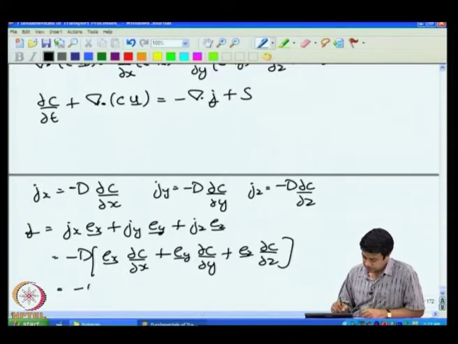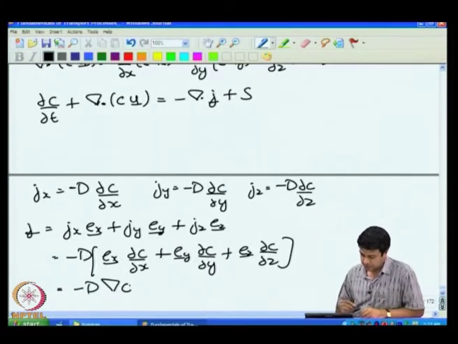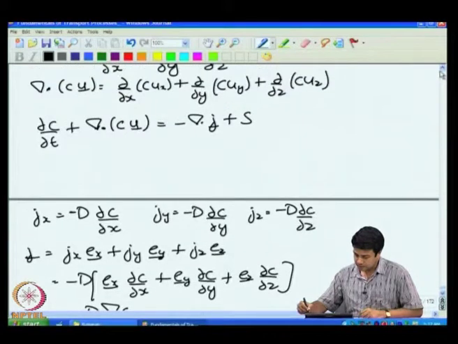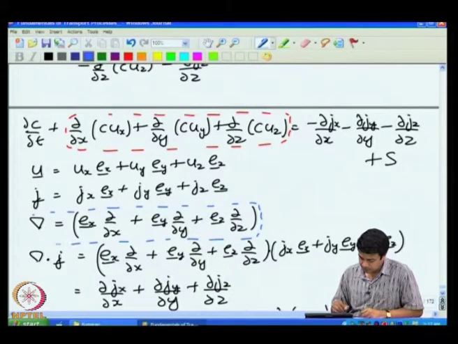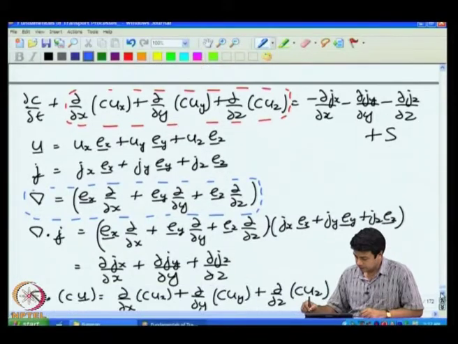Okay, it is basically equal to minus D times the gradient of c, where the gradient operator is what I had defined for you earlier. This is the gradient operator, Ex d by dx plus Ey d by dy plus Ez d by dz.